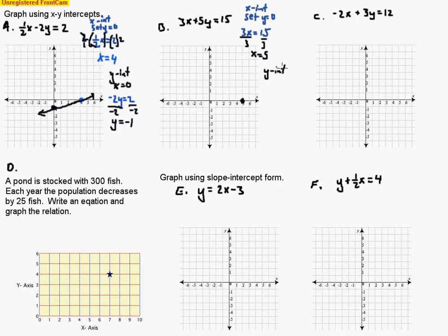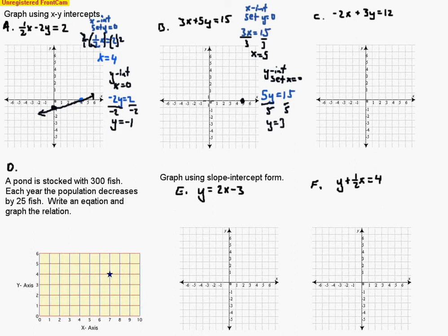y-intercept. So for the y-intercept, we're going to go ahead and set x equal to 0. And that will cancel out the x term, leaving us just with y. So now I've got 5y equals 15. So I can go ahead and do some division there and see what's left over. Divide by 5 on both sides. y is 3.